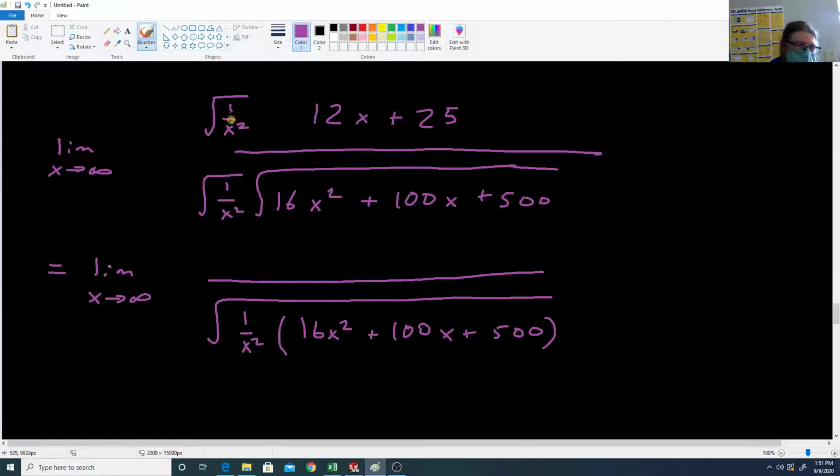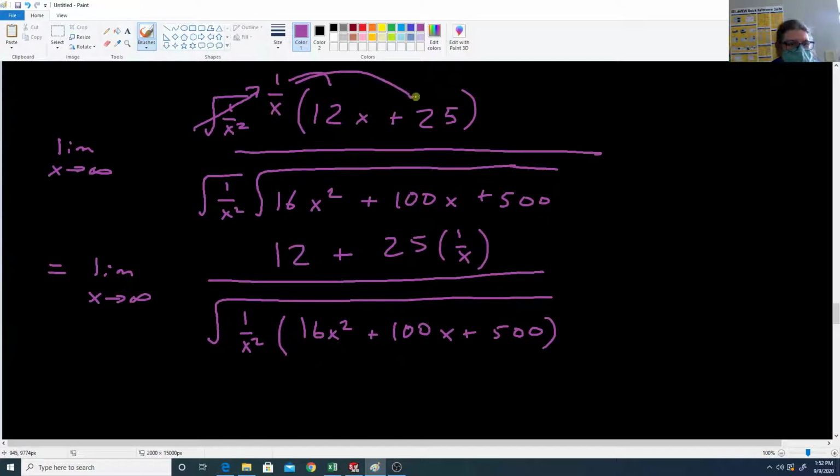But in the top, as long as x is positive, this whole bit is really just the same thing as 1 over x, because the square root of 1 is 1 and the square root of x squared is x. In this case x is positive, so we don't have to worry about anything weird happening with the square root of x squared. This gives us back our positive x, and then we can distribute that across the top. The x's cancel, which leaves us 12, and then we get 25 times 1 over x from distributing across.